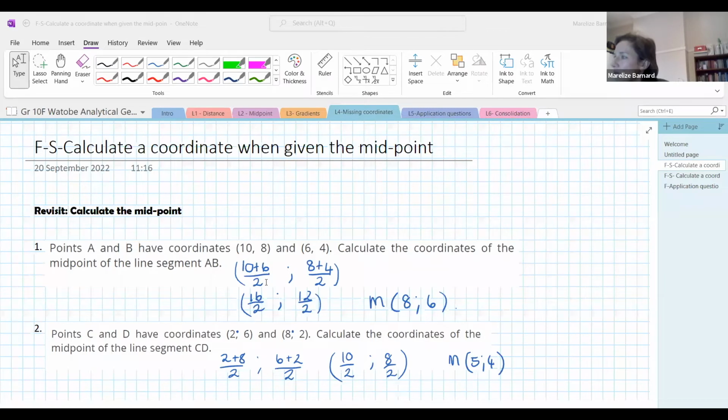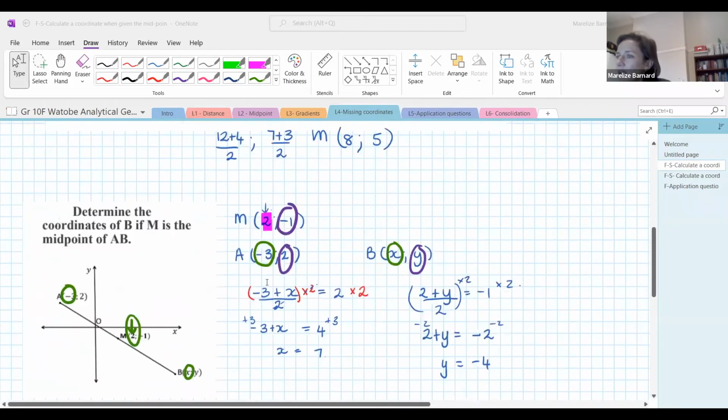That's where it comes from. So if you take the A and the B, those two coordinates added together divided by 2 gives you the midpoint. So that's why we divide by 2. Thank you, ma'am. Okay. Right. Any other questions? Yes, the midpoint you always divide by 2, Juliet.